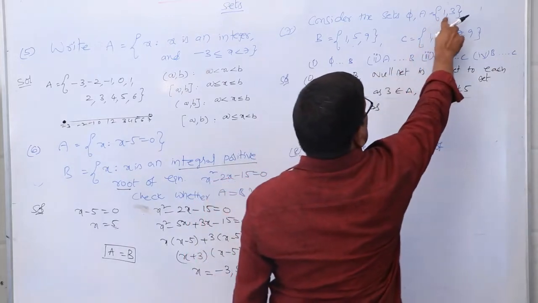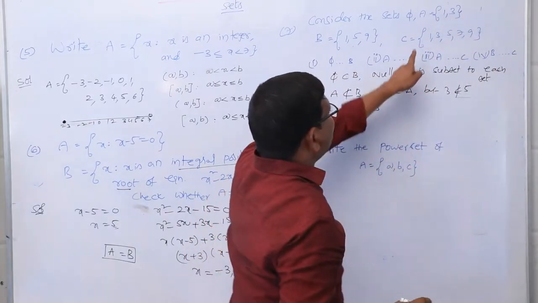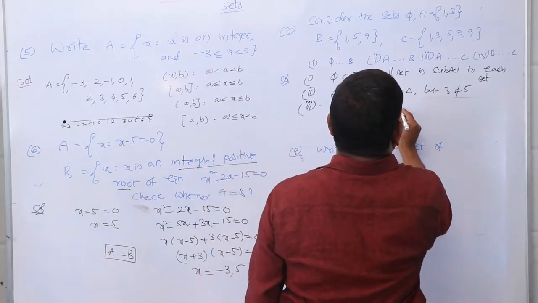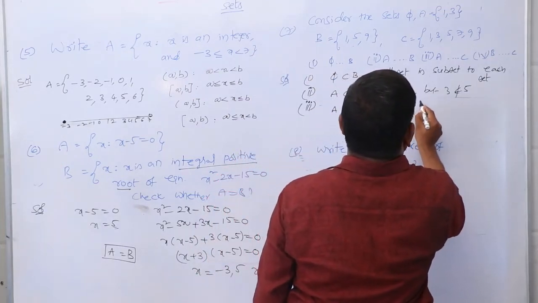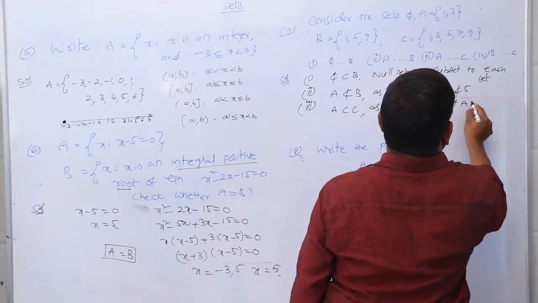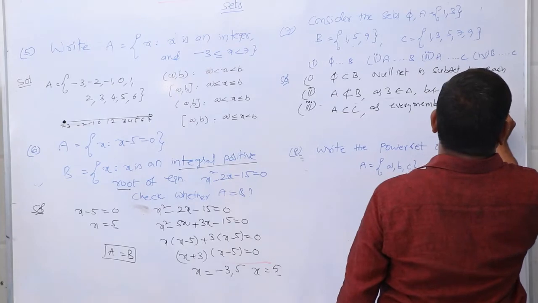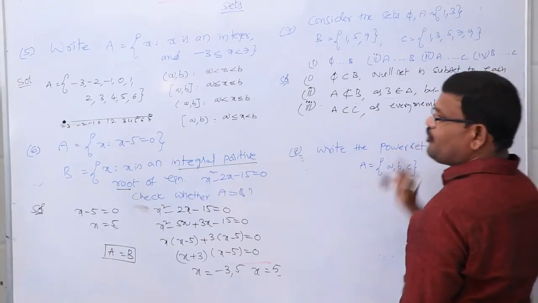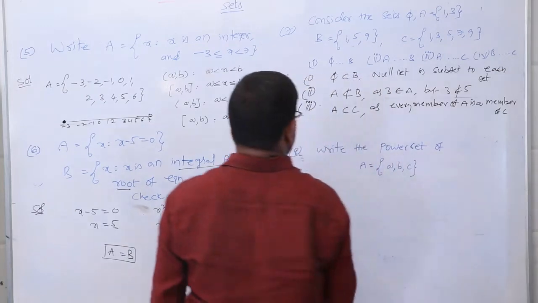So every element of A is a member of C also. Therefore, as every member of A is a member of C, A is a subset of C.